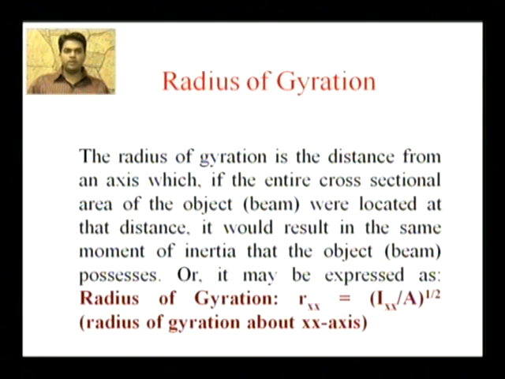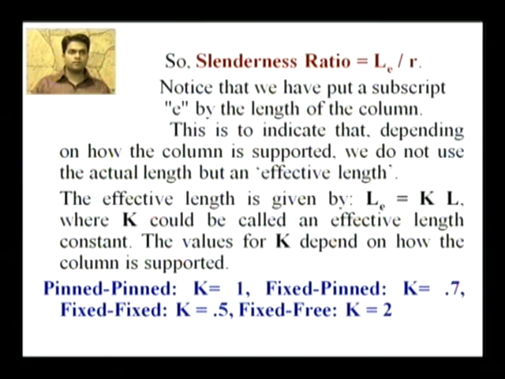It may be expressed as radius of gyration r_xx is equal to moment of inertia about the xx axis divided by the area of cross section, whole raised to the power 1 by 2. So slenderness ratio is equal to effective length L_E divided by the radius of gyration r.